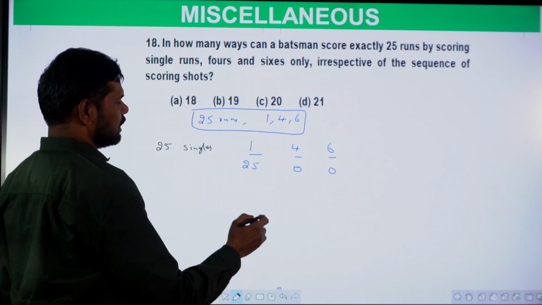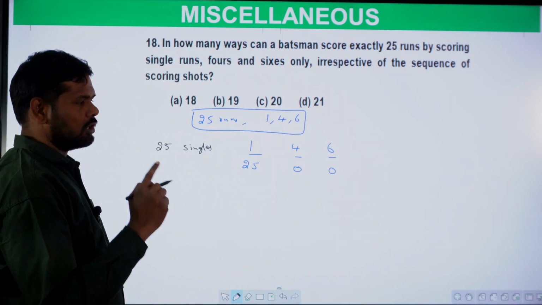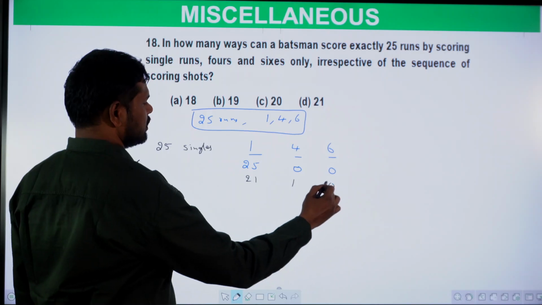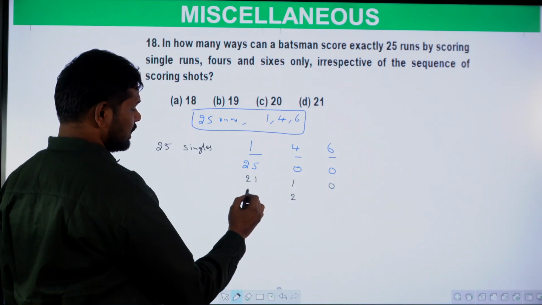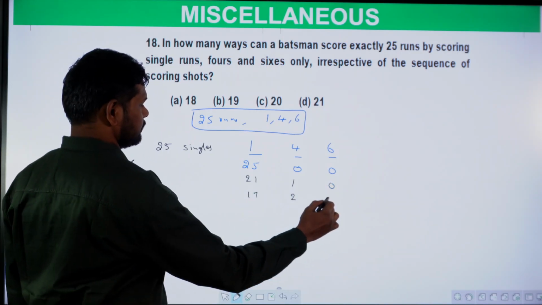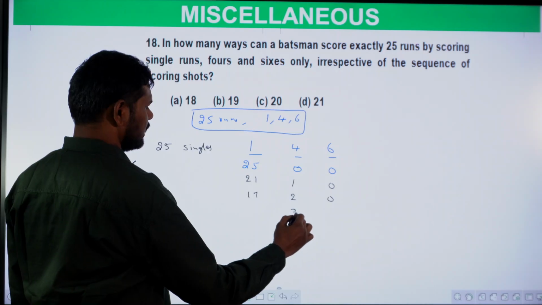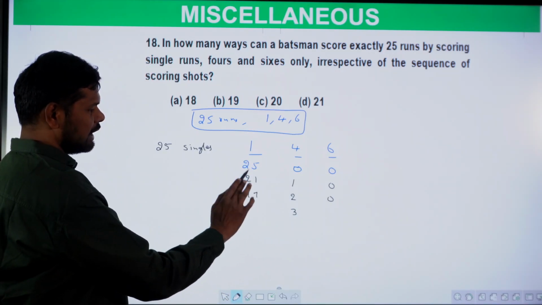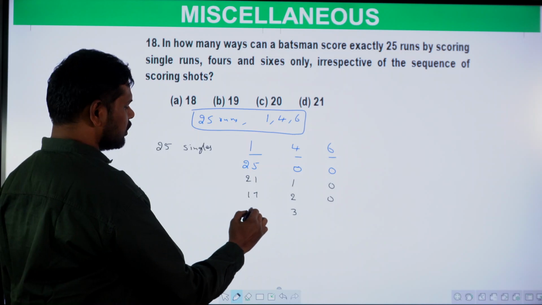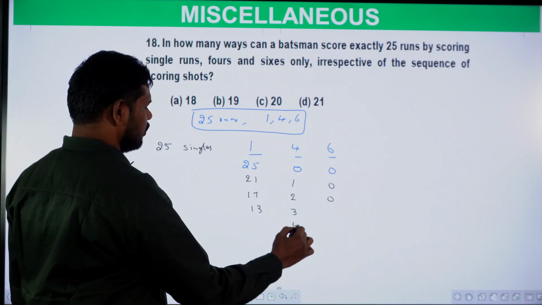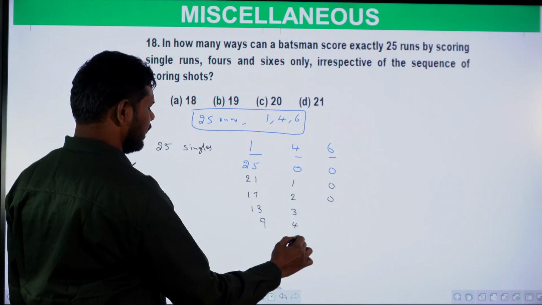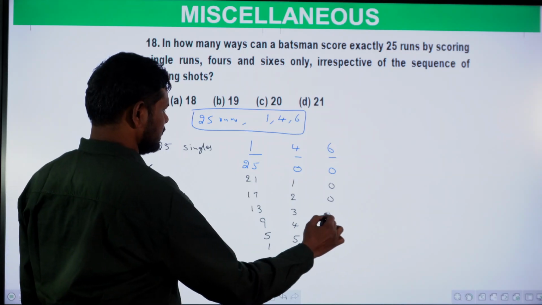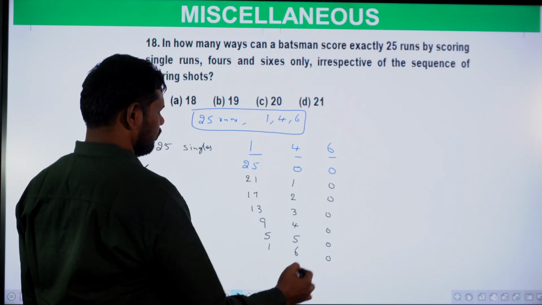Now suppose I consider one 4: singles are 21, 0 sixes. Two 4s: singles are 17. Then three 4s: singles 13, four 4s: 9, five 4s: 5, six 4s: 1. I am counting only 4s and singles here. These are the different cases.